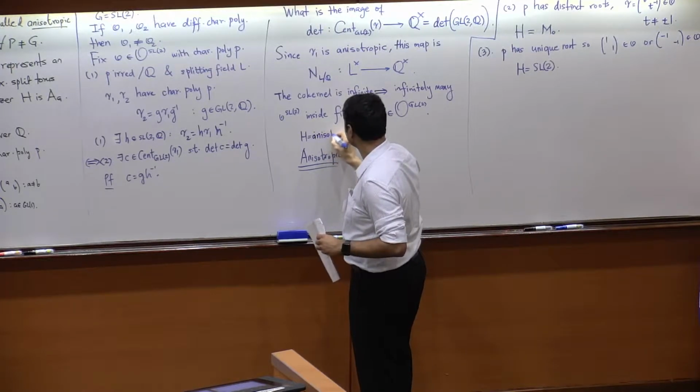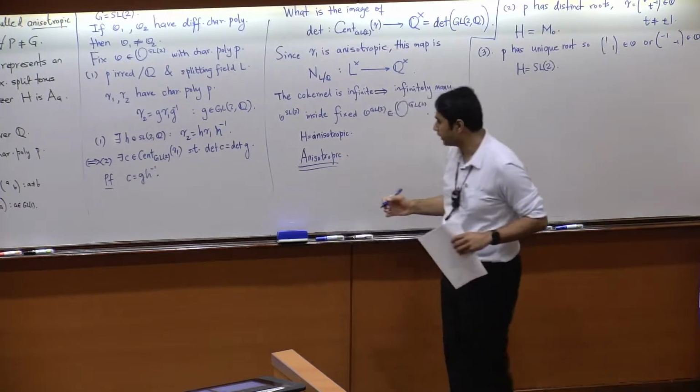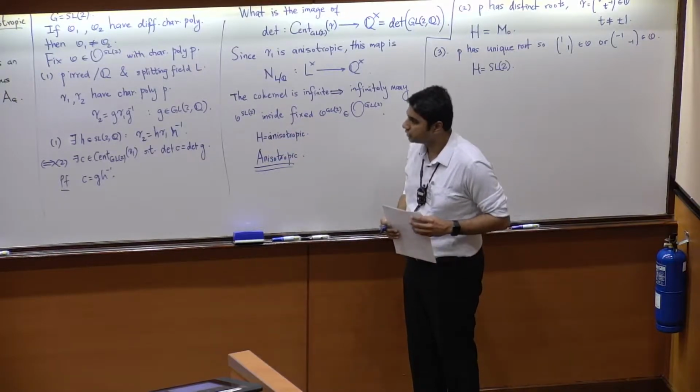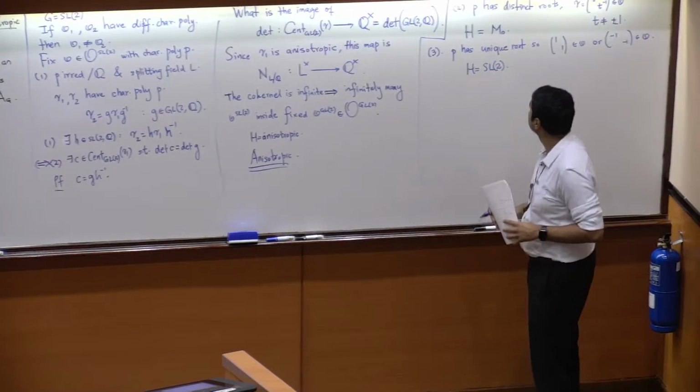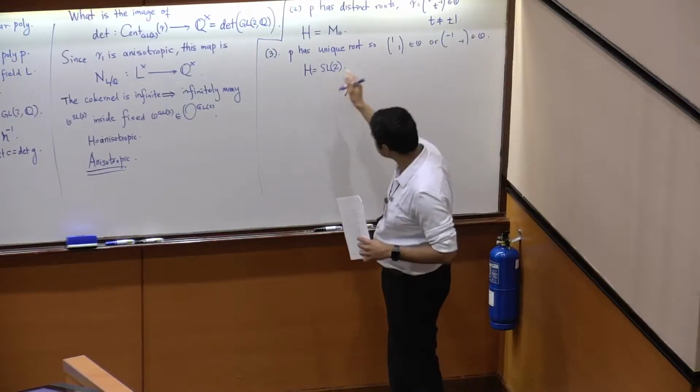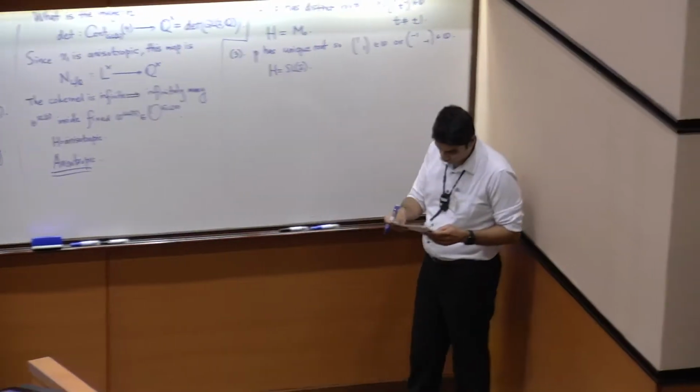Anisotropic. So no split torus inside H, and the split torus inside H is the same as the center of SL2, which is trivial. So what happens here? So H is SL2, right. Yeah, okay.